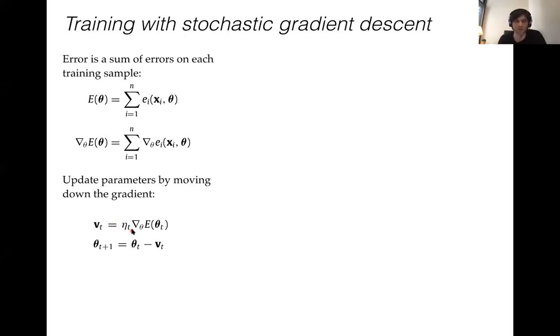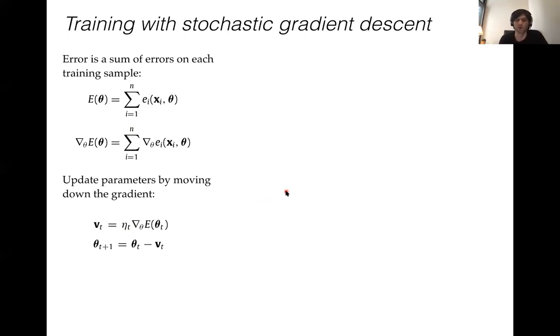This is usually denoted by eta, and it's also called a learning rate. As Tankut mentioned, this is very slow because you might have data sets like ImageNet that have 1 million images, and if n is 1 million, then you have to do a lot of work just to make one step of your parameters.